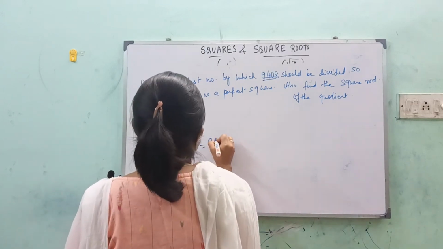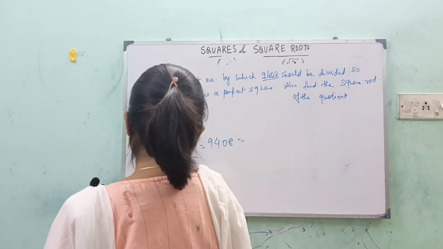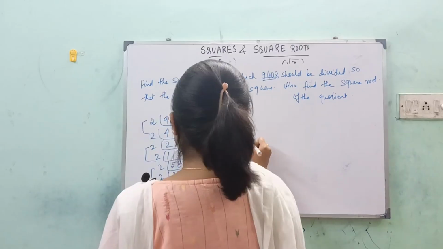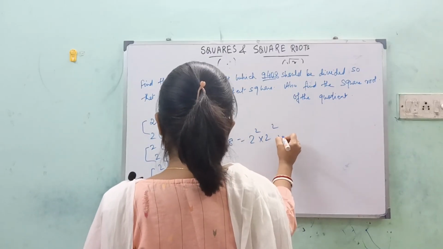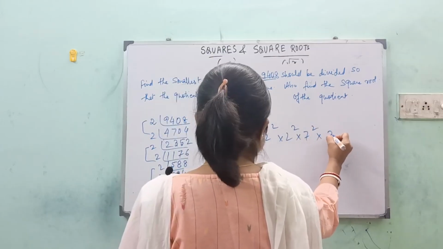So you can see 9408 could be expressed as 2 squared, 2 squared, 2 squared, 7 squared and 3.